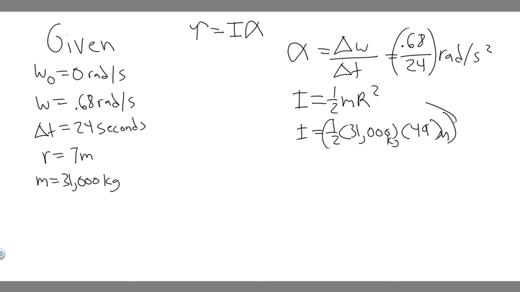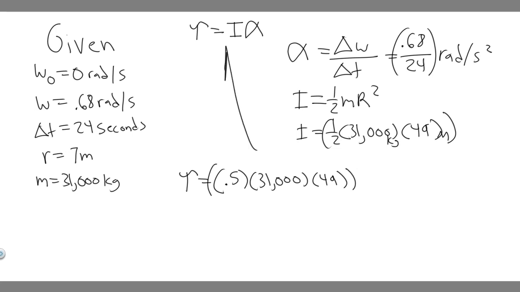Now we've got the inertia and we've got the angular acceleration, so we can just solve. Torque equals 1/2, I'm just going to write it as 0.5, multiplied by 31,000 multiplied by 49. This whole thing is your inertia, and then multiplied by the angular acceleration, or alpha, so 0.68 over 24.